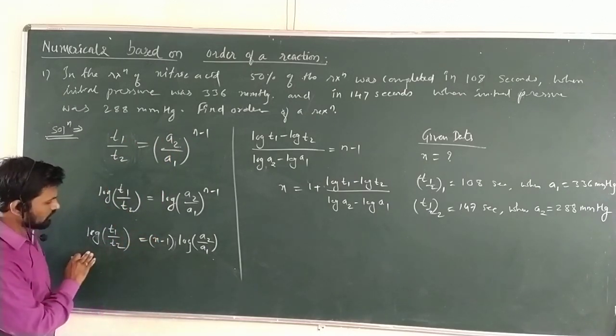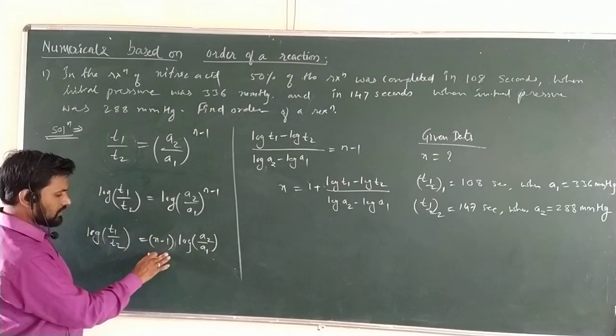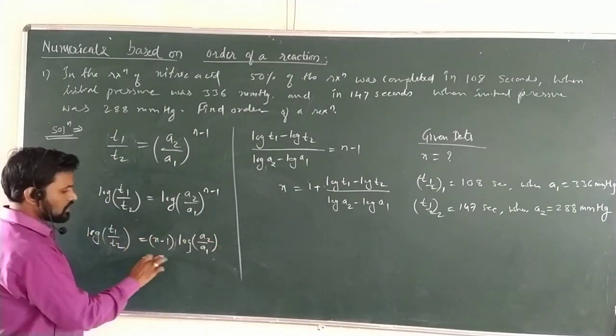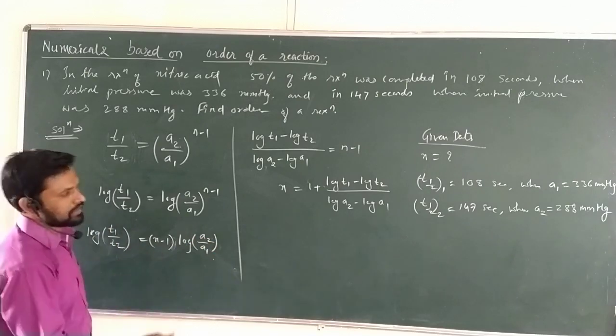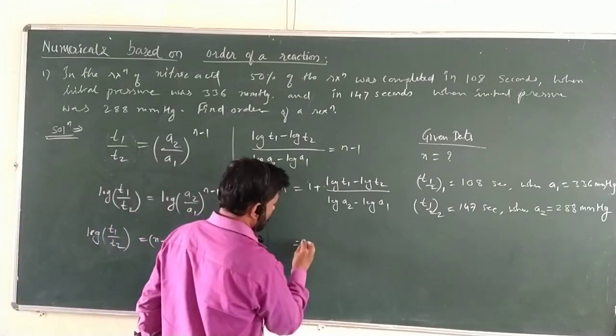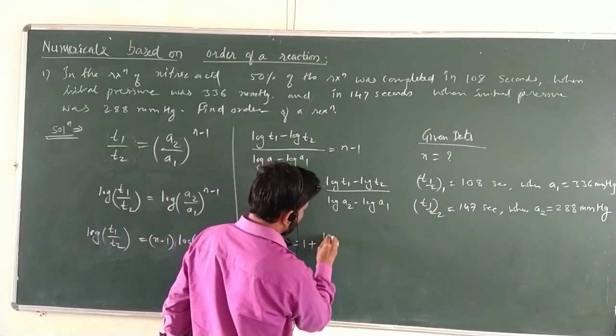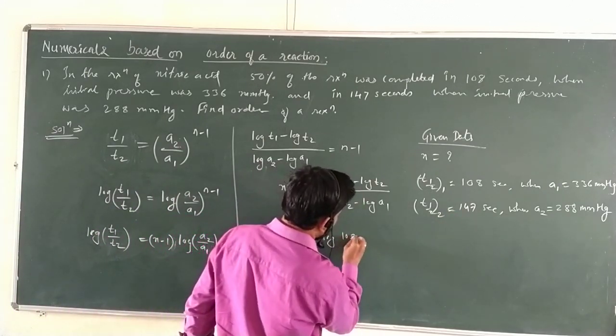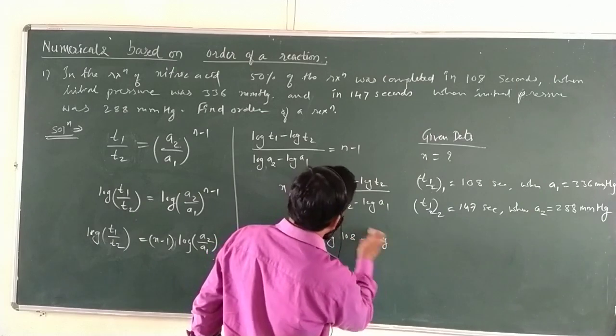You just put log of T1 upon T2, n minus 1, as it is, log A2 upon A1. You simplify this, you will be left with n minus 1, and n can be calculated. So now you put the values: 1 plus, what is the log of T1? T1 is 108, minus log of, what is the T2?